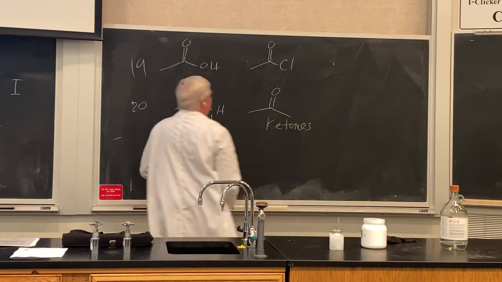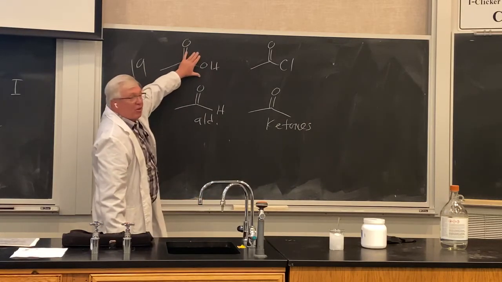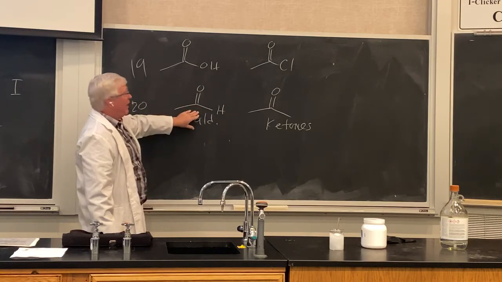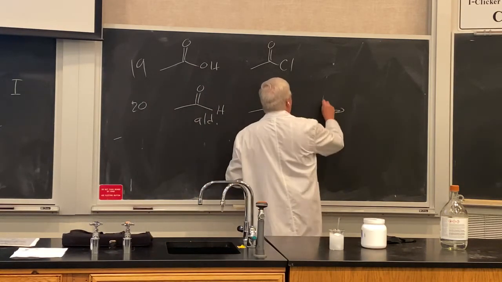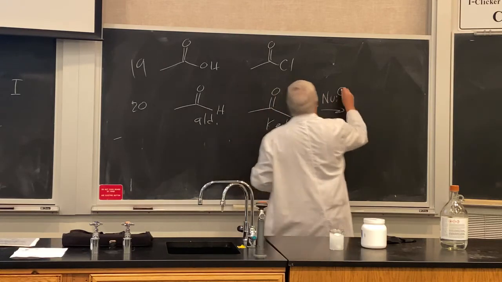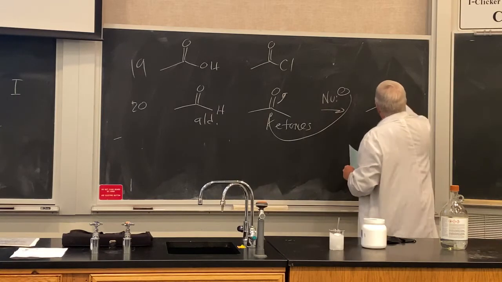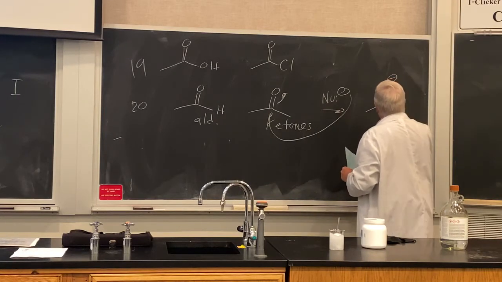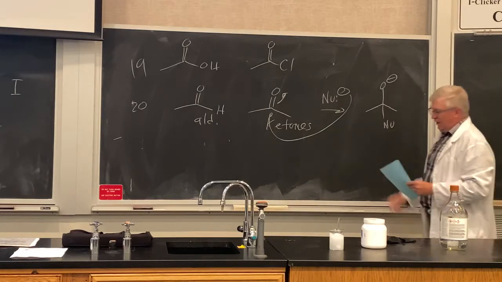Now, aldehydes and ketones are similar to carboxylic acids in that they have a carbonyl, but they don't have the OH group, okay? They're not acidic like carboxylic acids, but they can undergo reactions with nucleophiles. So if we have a strong enough nucleophile, we can add here, give different products. It will look like this, right? So a different type of reactivity. Chapter 20.